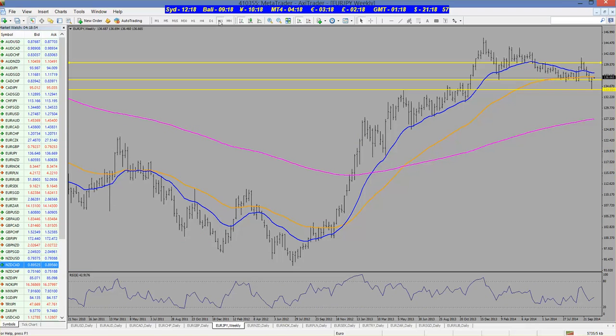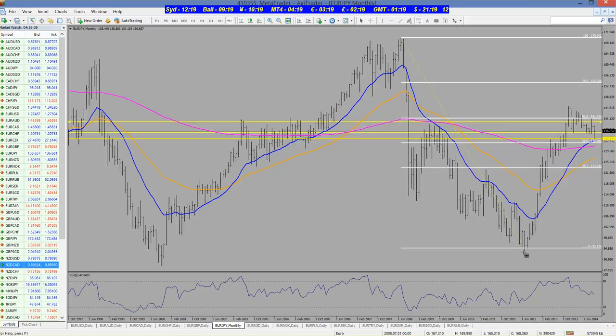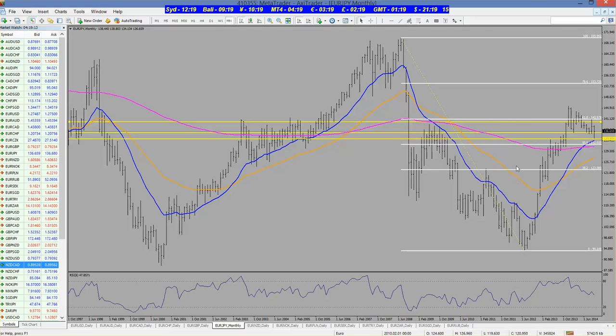And my argument would be this support line here seems to be quite strong. And that resistance level seems to be quite strong.